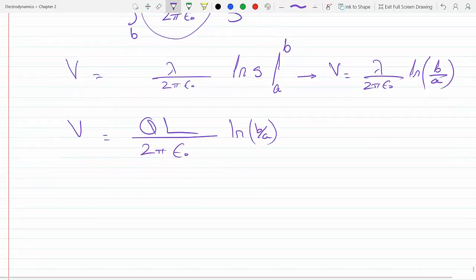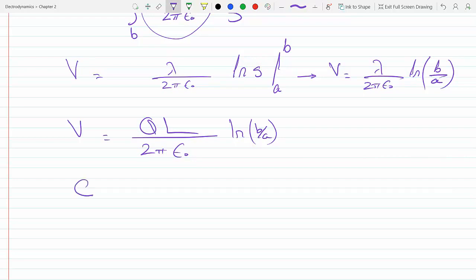The capacitance C equals Q over V, and the ratio here would be Q, so what multiplies Q goes here.